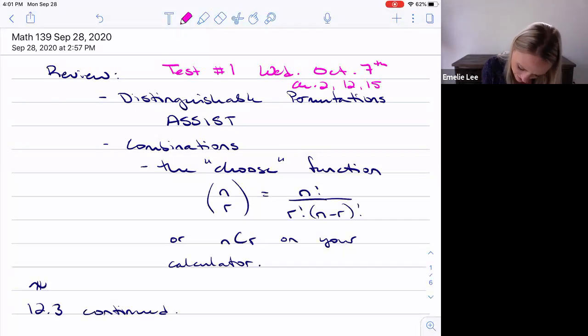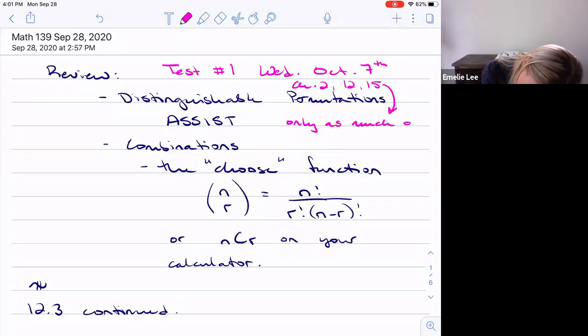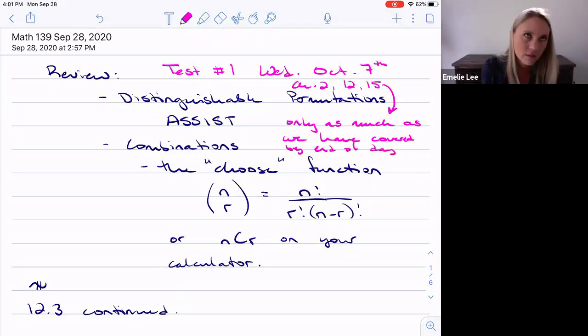Only as much as we have covered by end of day this coming Wednesday, the 30th.